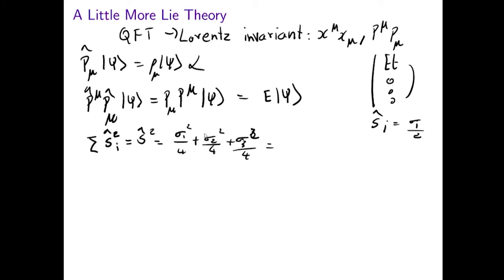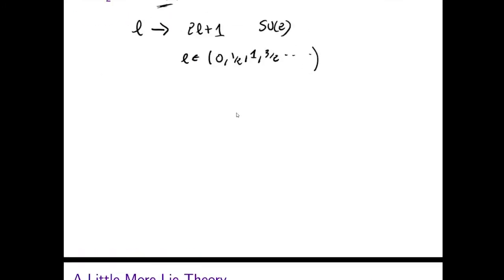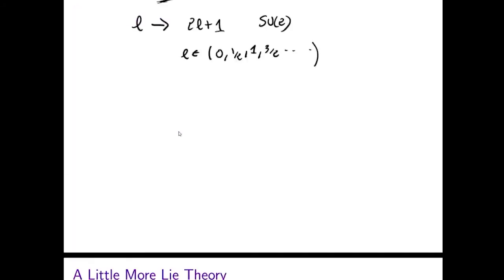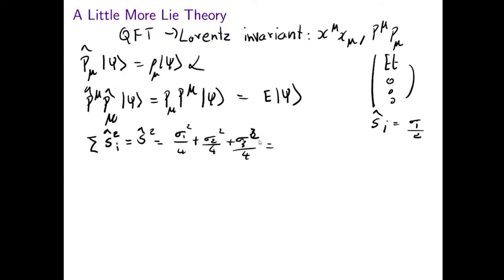And the weird thing about the sigmas, or the Pauli matrices, is if I square them, I'll get the identity back. That's called an involution, I think. But essentially, this is the same as saying I by 4 plus I by 4 plus I by 4. I go for 3 times, and I'm just going to get 3 by 4 I back.